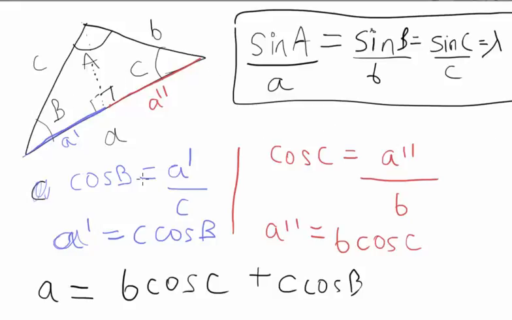So we are going to use this result, observe a pattern, and exploit this pattern to come out with the projection formula for the other two sides instead of just repeating the same process again and again.